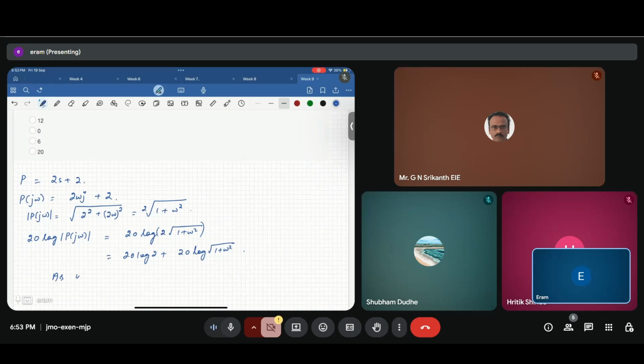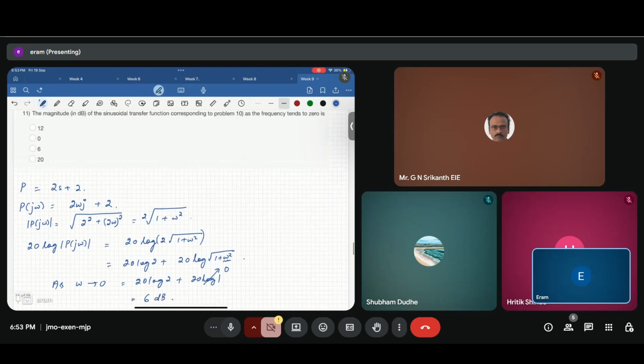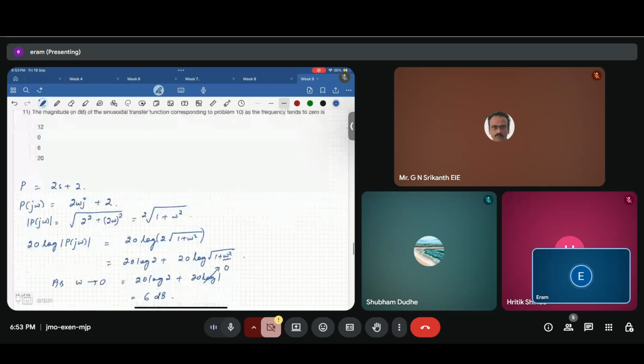Now as omega tends to 0, this term goes to 0, so we'll be left with only 1. So it will be 20 log 2 plus 20 log 1. Log 1 is 0 and 20 log 2 is 6. So the answer is 6 dB. As frequency goes to 0, its magnitude will be equal to 6 dB.